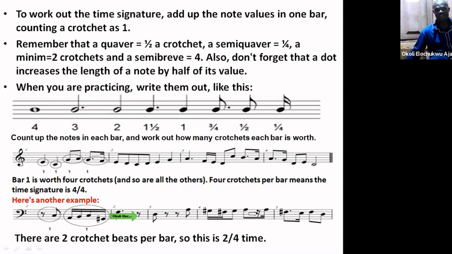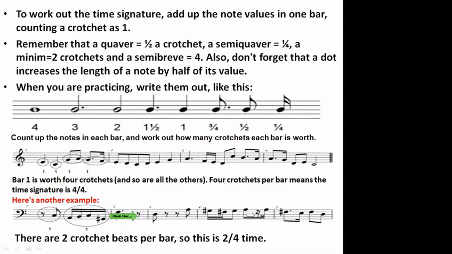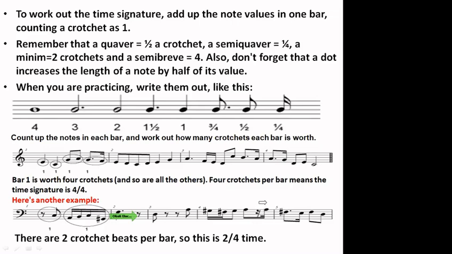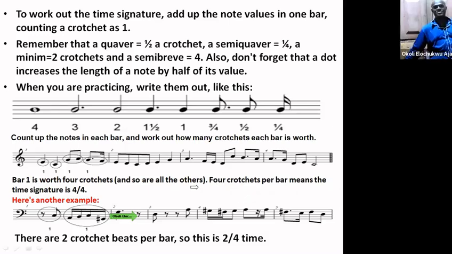Plus a semiquaver rest. What will you have? 1 3/4 crotchet beats, plus another semiquaver, 2 crotchet beats.